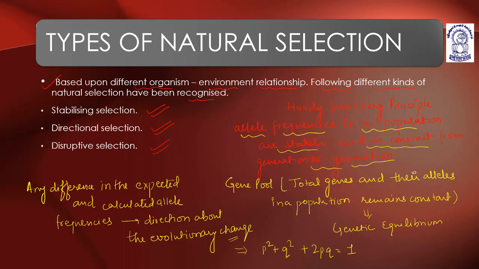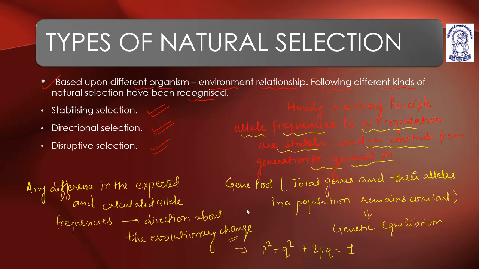If any change comes, it gives us an idea of the direction in which evolution is going on. The gene pool, the total genes and their alleles, always remains constant.